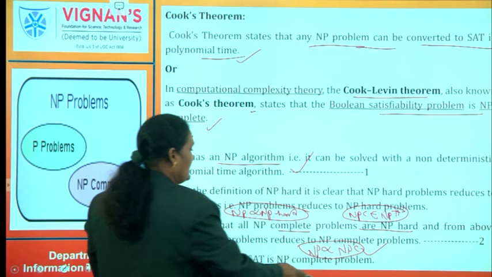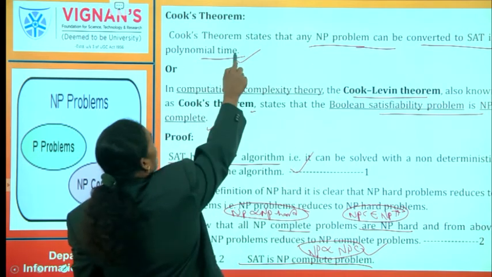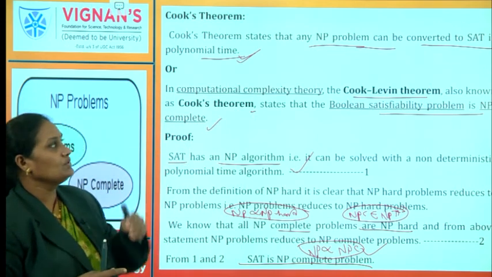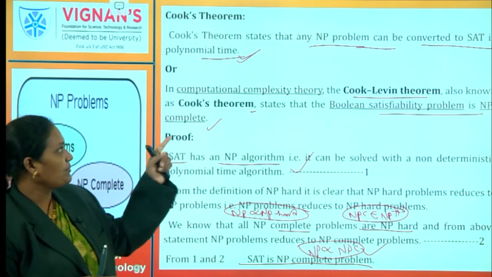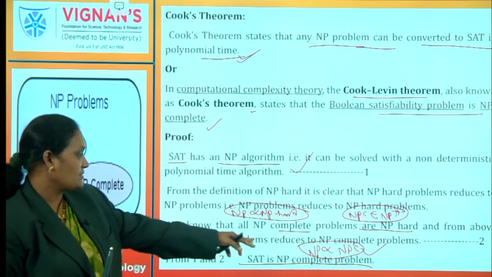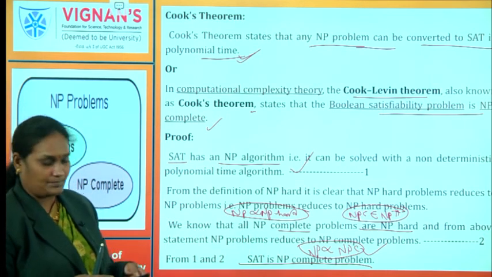Any NP problem can be converted to satisfiability in polynomial time. So satisfiability is an NP complete problem. So we proved Cook's theorem.